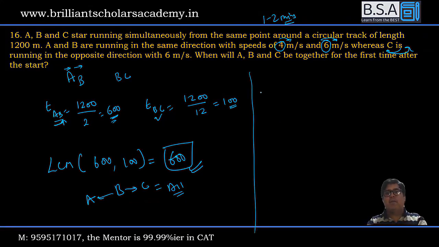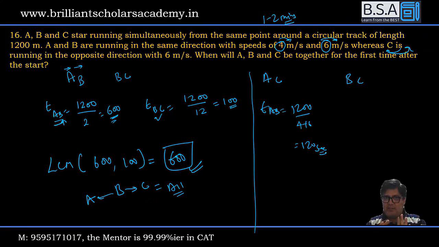Let us say I solve it as AC and BC. Now A and C are coming in opposite directions. The time required for AC is 1200 divided by 4 plus 6, so that is 120 seconds.